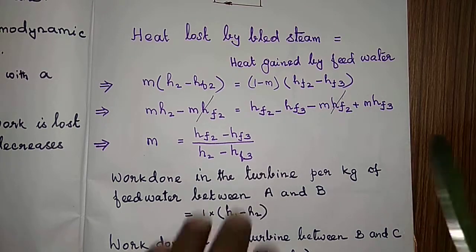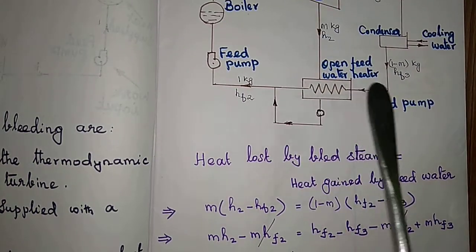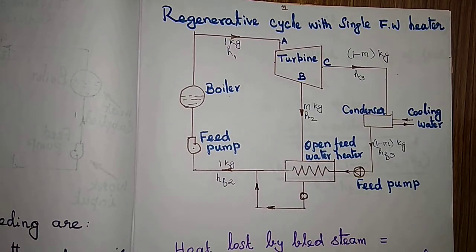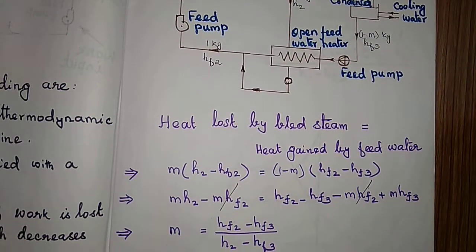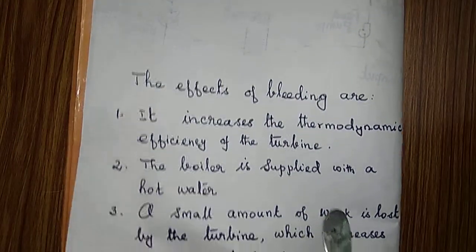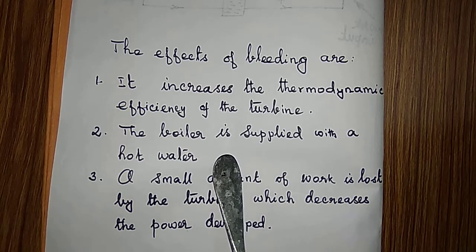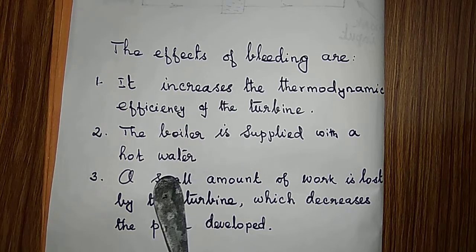In the problem, you would be given point A and point C, and you might be asked to find the quantity of bled steam. So you can use this formula. And the effects of bleeding, as I already mentioned: one, it increases the thermodynamic efficiency of the turbine. Second, the boiler is supplied with hot water. By supplying hot water to the boiler, which is maintained at a higher temperature, thermal shock is prevented.